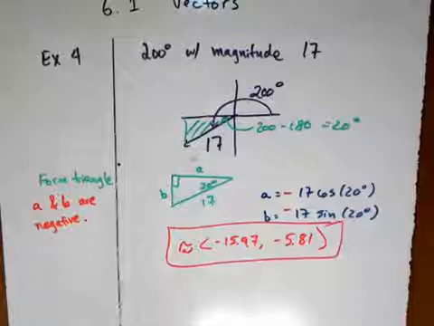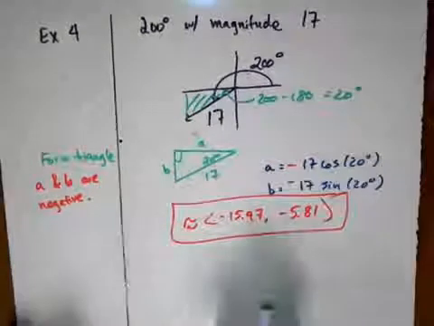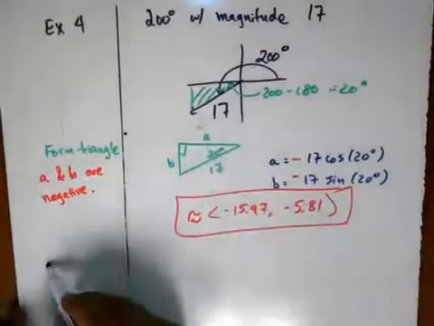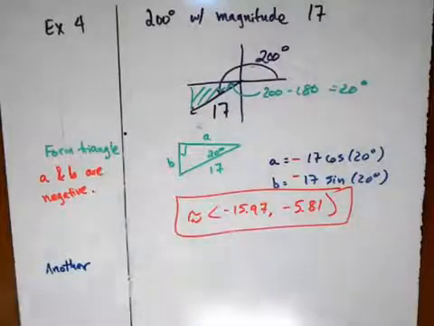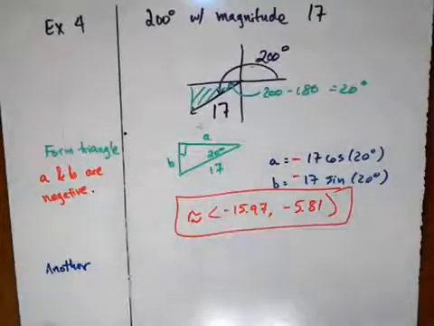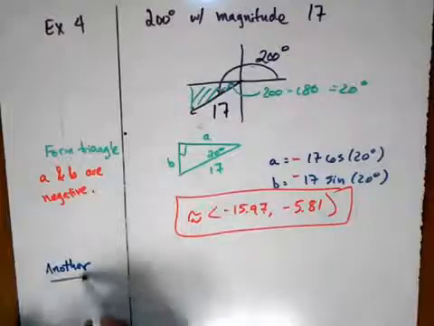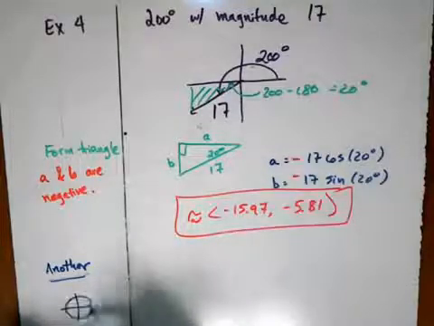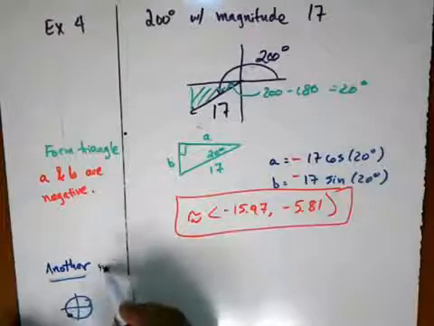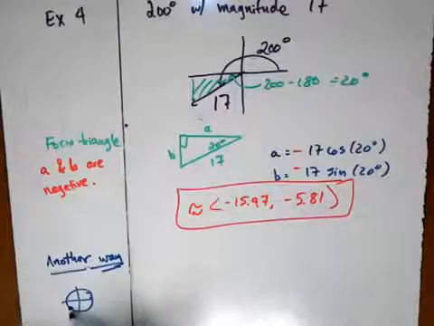Now, here's another way that I can approach this problem. Let's see here, running out of colors. Another way is just to take advantage of what we already know about sine and cosine and trig ratios of large angles. We don't necessarily have to draw this in. If you remember back to the unit circle, anything that is in here is negative x and negative y.